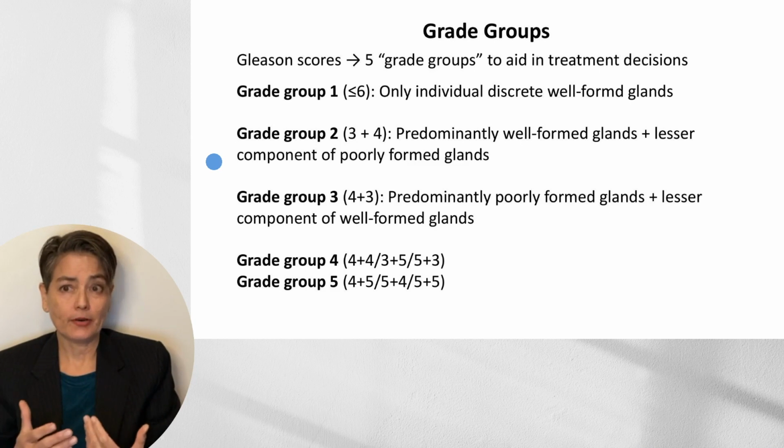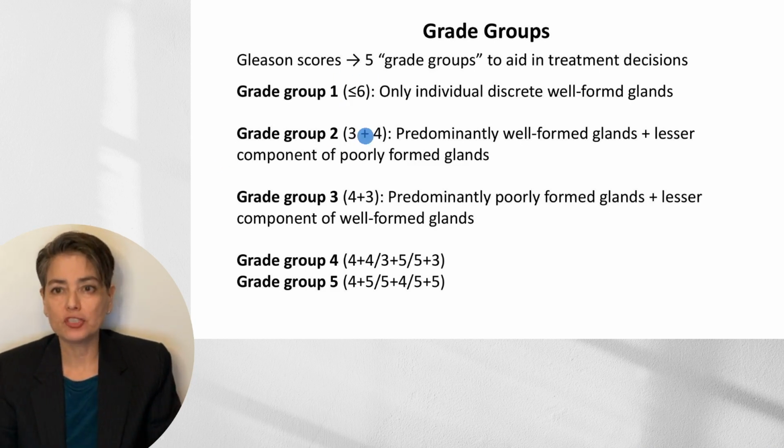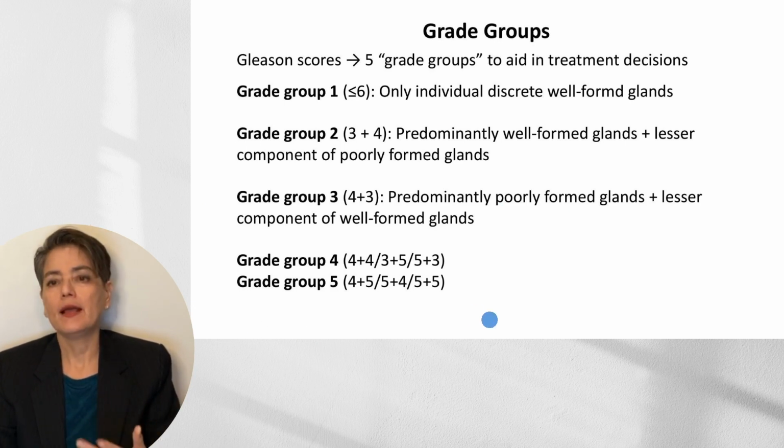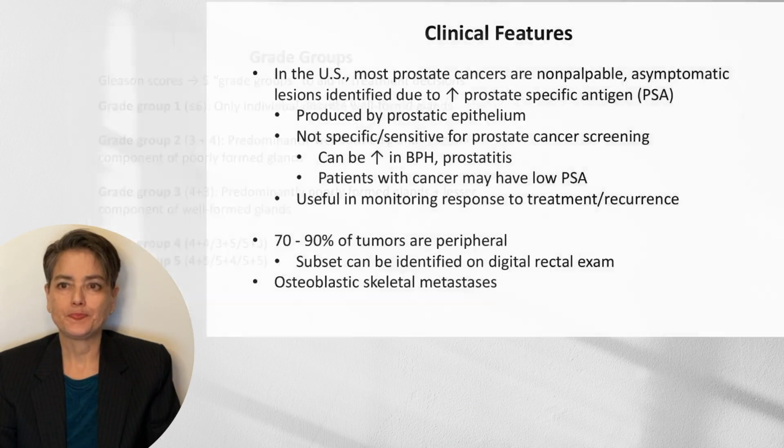But the truth of the matter is that since the first number refers to the most prevalent pattern, we have seen epidemiologically that patients who are 3 plus 4 have a better prognosis than patients with 4 plus 3, which makes intuitive sense since there is a predominance of well-formed glands in one, and a predominance of poorly formed glands in the other. All of this information goes into the hopper as we define treatment, and I'll describe that in a moment.